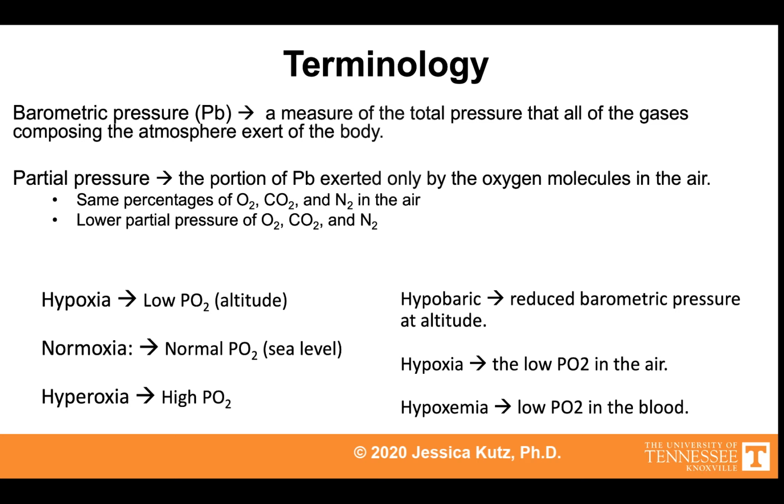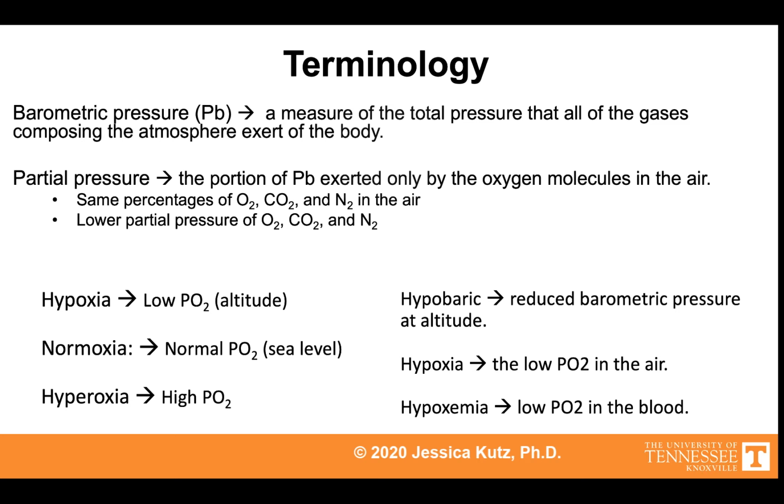Hyperoxia would be when you have very high partial pressures of oxygen, and you can do this artificially using a gas tank. We have hypobaric, which would be reduced barometric pressure at altitude. Again, we have the word hypoxia, and I've put this a second time because sometimes we use this phrase just referring to low partial pressure, but specifically hypoxia is referring to low partial pressure in the air, whereas we would use the word hypoxemia to refer to low partial pressure of oxygen in the blood.